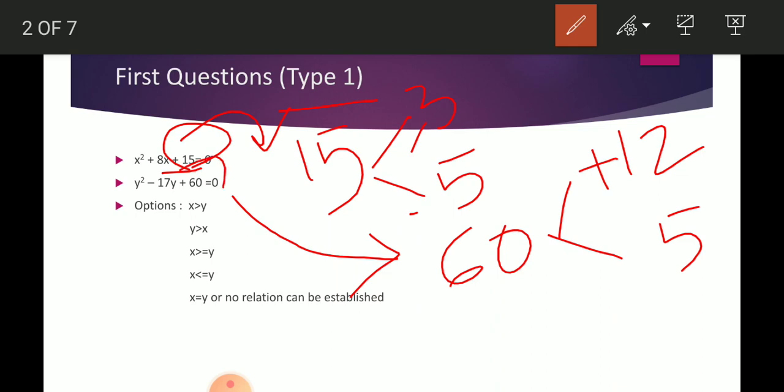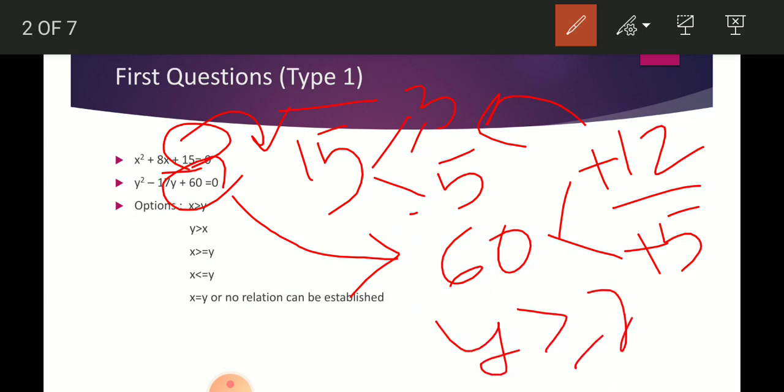Since the sign before 60 is positive, both roots will have same signs, that is plus 12 and plus 5. Now we have to compare these two. 12 is greater than 3 and 5, and this 5 is greater than or equal to minus 3 and minus 5, so we can say y is greater than or equal to x.